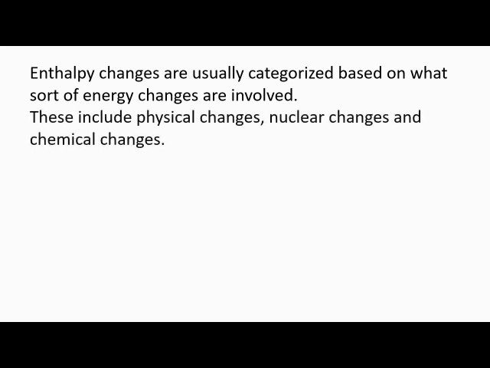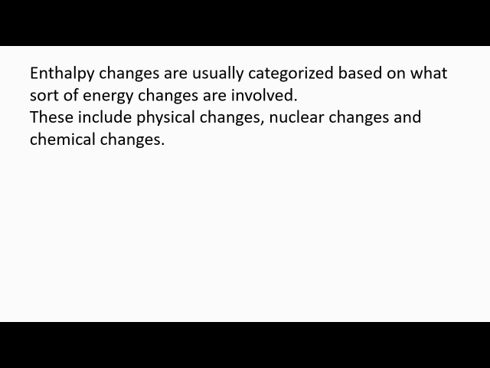Now, we take a look at our enthalpy changes, and we usually categorize them. Chemists like to put things in order, and so we generally categorize the delta H value based on what type of energy change is involved. So we can have things like physical changes, state changes, that sort of thing.